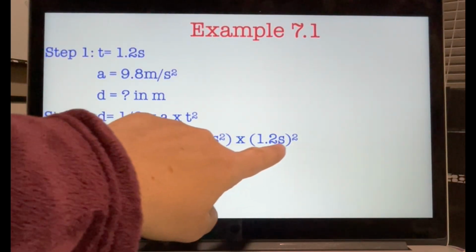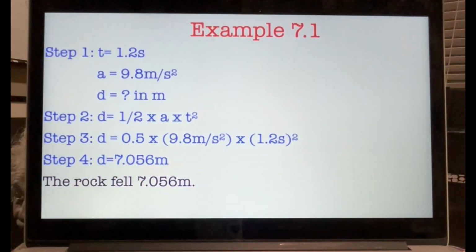All right, step 4, solve the problem. Remember that when something is squared, you take it times itself. So 1.2 squared would be 1.2 times 1.2. All right, so the distance that the rock fell was 7.056 meters.